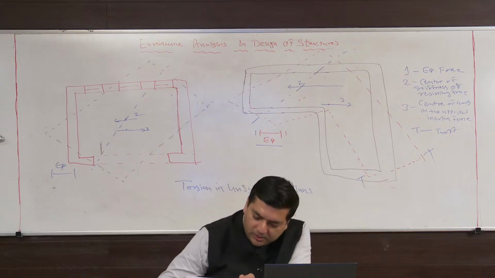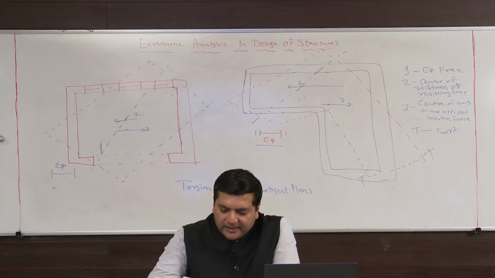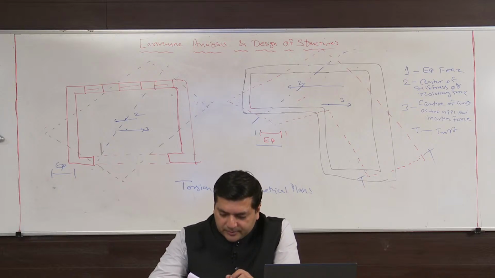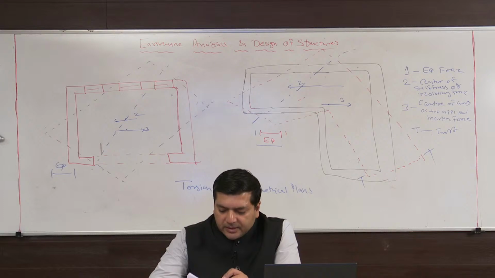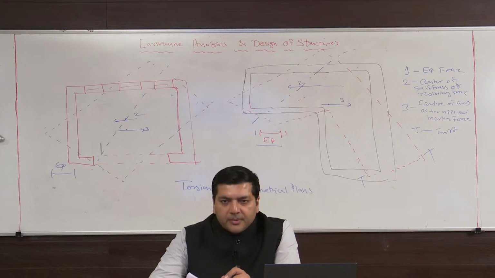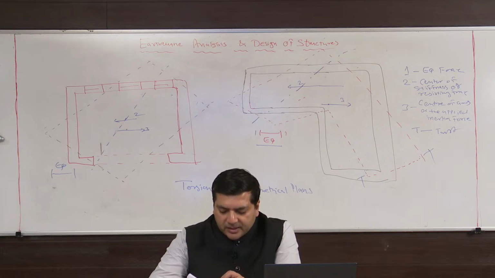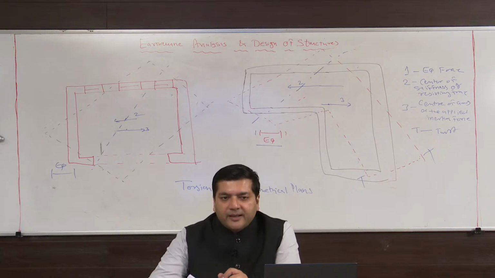Okay. So while the resisting force acts opposite to the inertia force on the center of stiffness (point 2), causing torsional moment at the center of stiffness (point 2), the building will rotate about the center of stiffness.